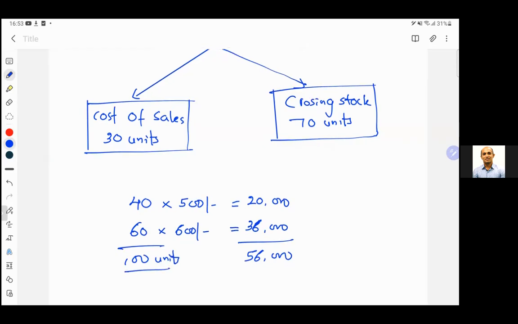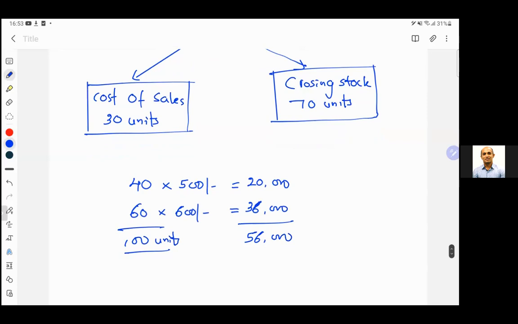Then weighted average price is 56,000 divided by 100 units, which is 560. Then your cost of sales and closing stock are valued at the weighted average price.